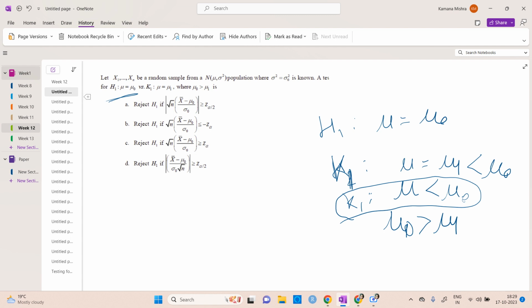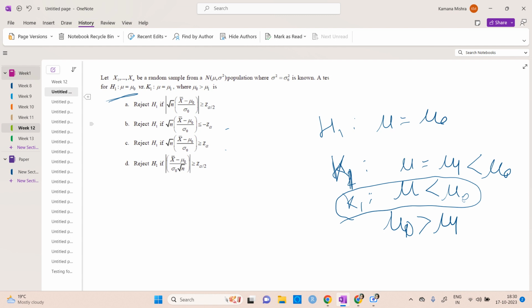Now, it is a one tail test. So that you know, in a one tail test, you have alpha, or alpha by two. Alpha. Okay, so A and D will be rejected firstly. So A and D would be wrong. So the answer can be B or C.